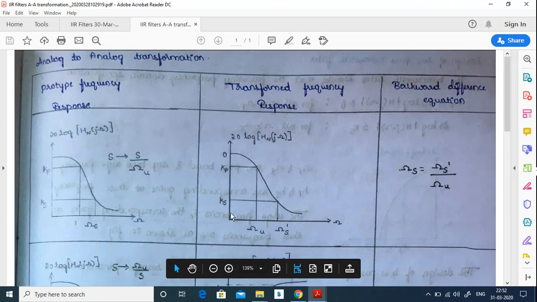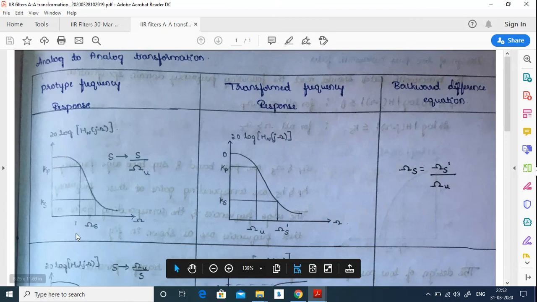Suppose, assume that they gave you this, that is omega u, omega s dash, and you want to get back this. That is, in general, omega p will be 1 radians per second, but you want to obtain omega s. That is, you want to convert the desired filter into normalized. Then what is the formula I need to use? I need to use this particular formula. That is, see, kp, ks, the y-axis will remain the same, right? When you compare this with this, they are one and the same.